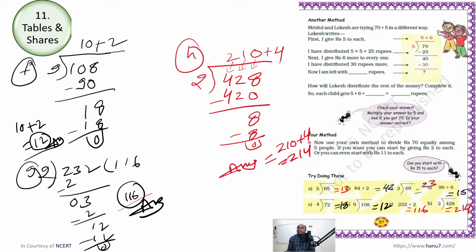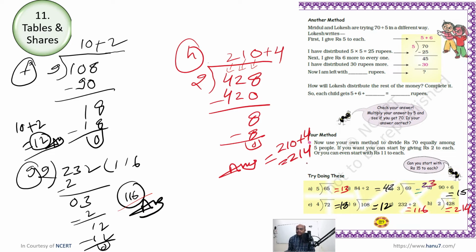So you can add 105 plus 105 plus 4, otherwise 105 plus 105 plus 2 plus 2. That is what we did in the previous question. But to make it simple here, I did 428 minus 420, I got 8 as the answer, and then 2 4s are 8, so 0. So 210 plus 4, 214 is the answer.